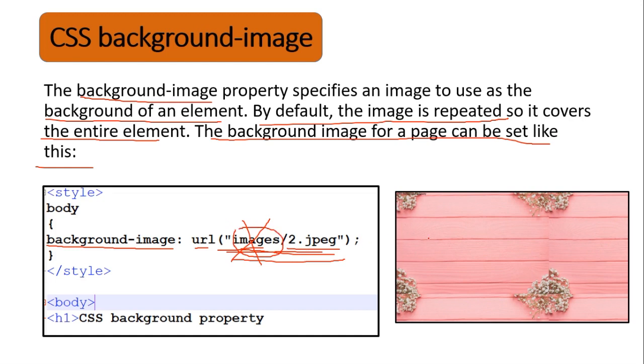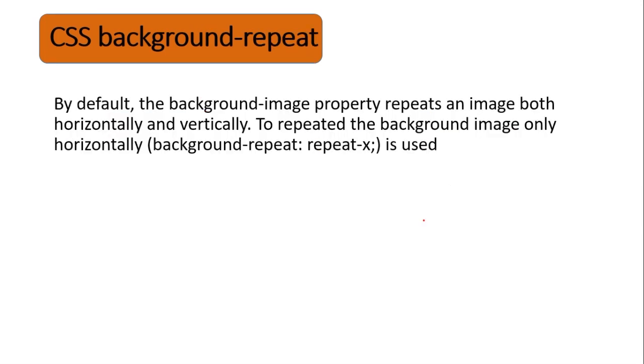After setting your background color or background image, we have CSS background repeat. Whenever you use an image as a background, by default the background image property repeats the image both horizontally and vertically.